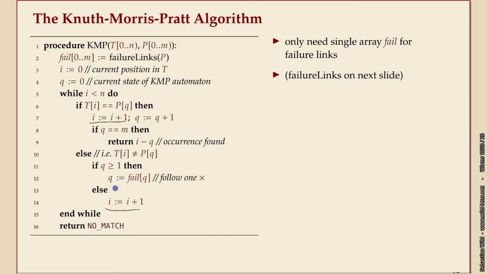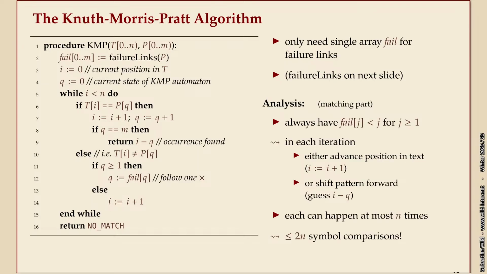So in each iteration, either I increases or Q decreases, because the failure link is always strictly going to the left. So you can do an amortized analysis of this loop, where each individual character may see many failure links, but summed over all the characters of the text, you cannot see much on average. Intuitively, you could say, before you have to follow failure links for a long time, you must have used match edges to get to the right.